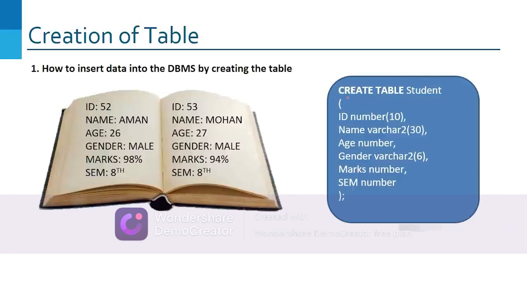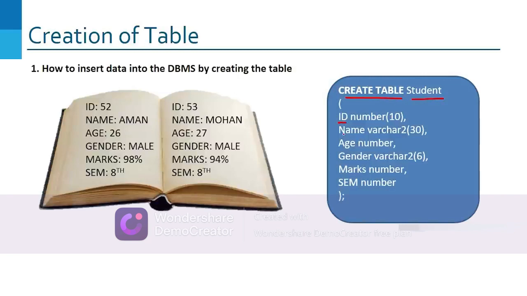So create table is a command, right? Create table is a command, which is, you can say, a keyword. Okay, so we have to use create table to create a table in a DBMS. Student is the table name, which you can always change. This is user defined. So if you want to give any other table name, you can give it.